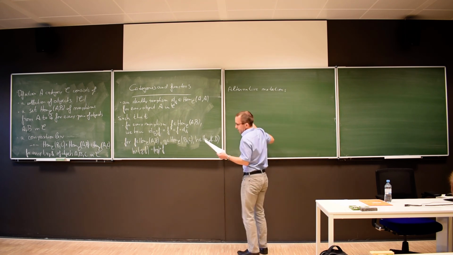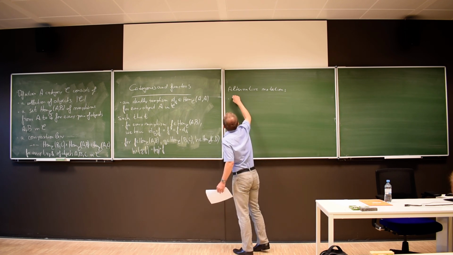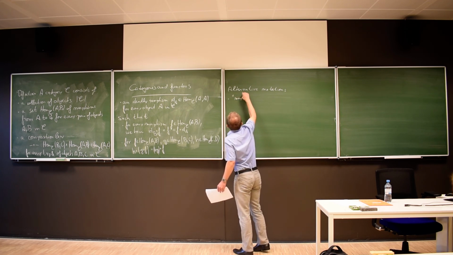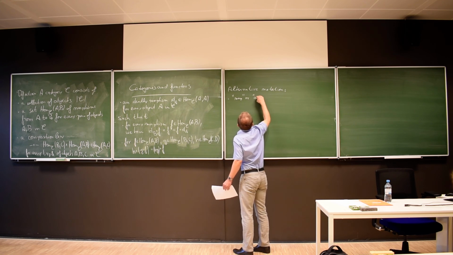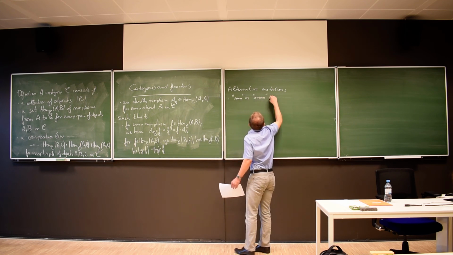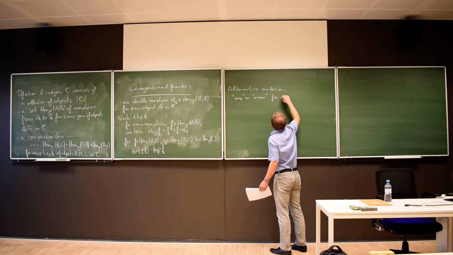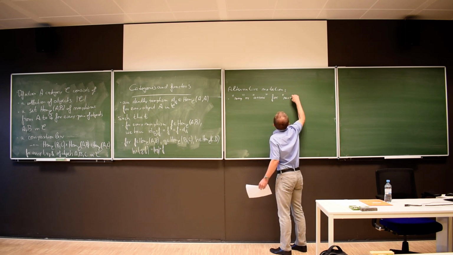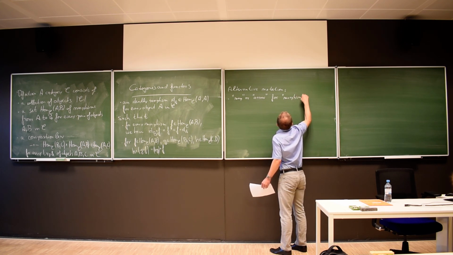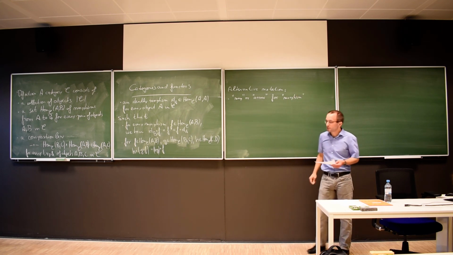For example, it is common to say map or also arrow for what I now called morphisms. So this is a very common language.